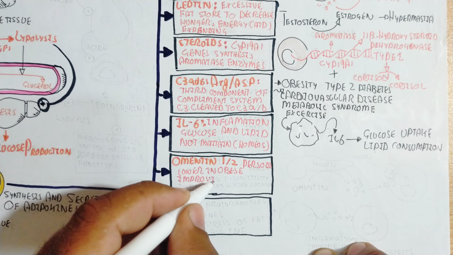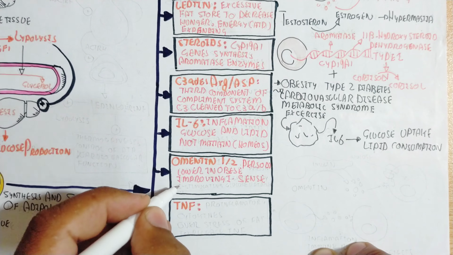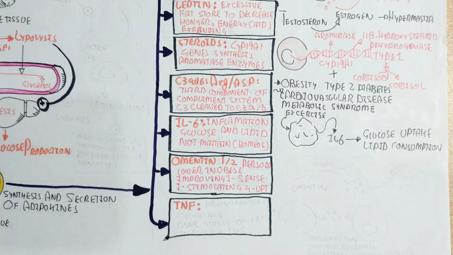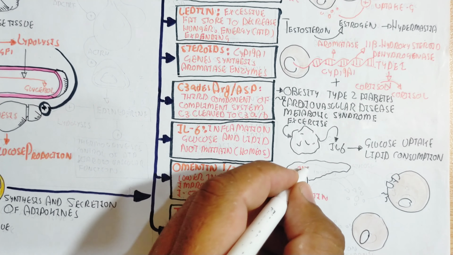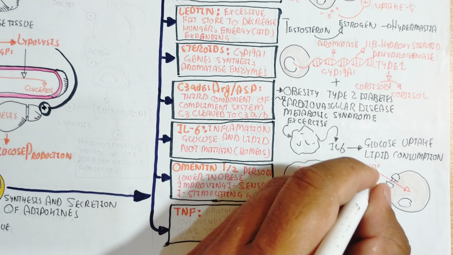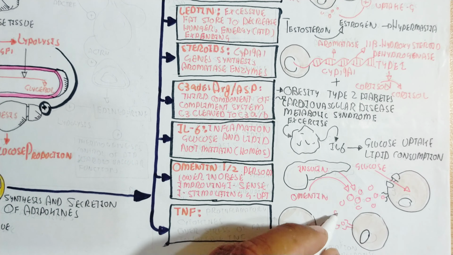But omentin 1 and 2 are important hormones. In obese persons the level is lower, and omentin improves the sensitivity of insulin and stimulates glucose uptake.